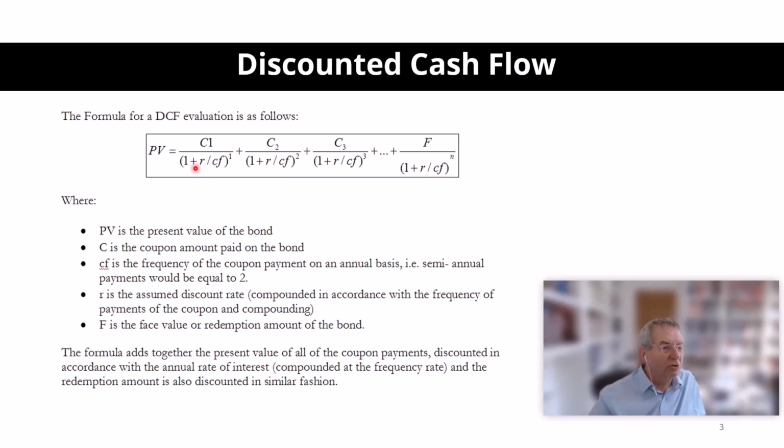This is a continuous discounting function, so we need these exponents. 1, which doesn't make any difference, but year 2 and 3, 4, and 5, and so on. So once all these individual cash flow amounts have been discounted to present value, we can sum them, and this sum of all of those effectively is the PV, present value, price today of a particular bond.